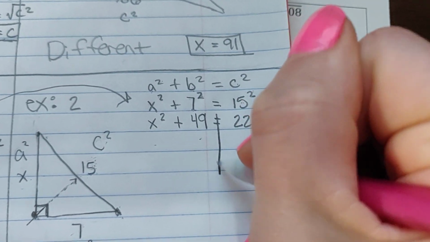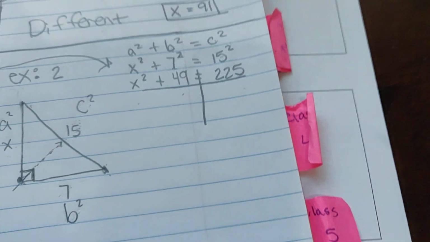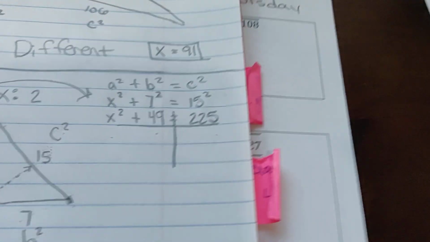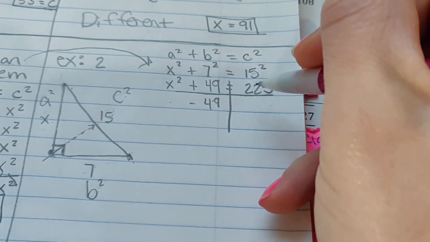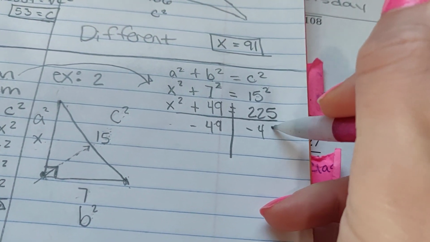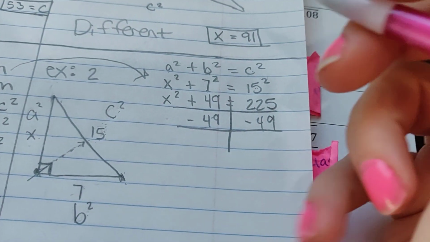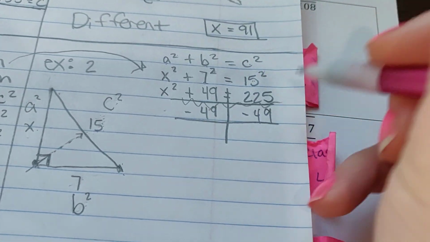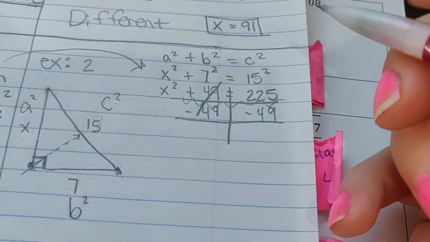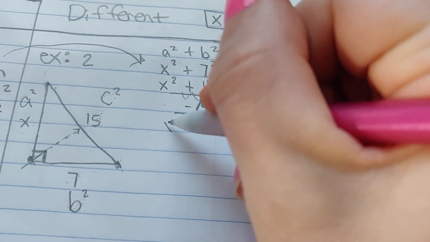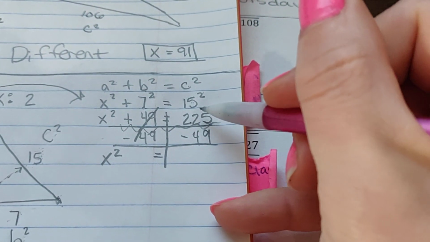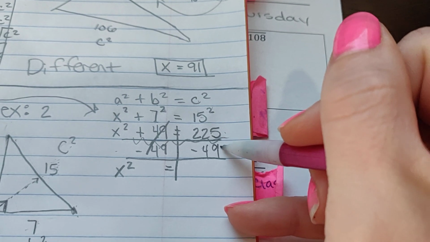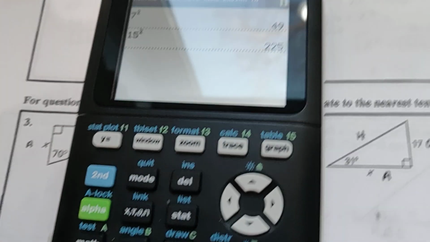So what I'm going to do, remember what you do to one side, you do to the other. I don't know why I just drew a line. But we're going to subtract 49 from both sides. Oop, there's our line. I didn't mean to draw this one. 49 minus 49 cancels out, and I'm left with X squared equals 225 minus 49.